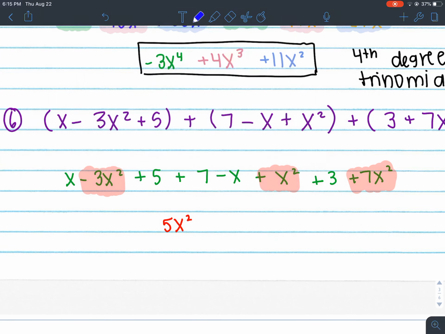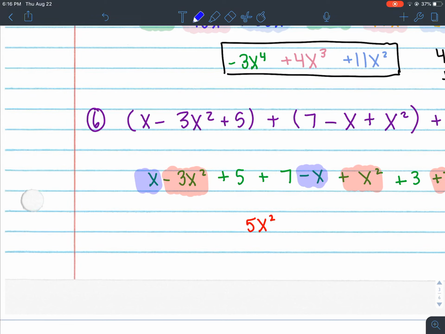Let's do blue next. The next highest exponent I see is an x, x minus x. Well, if I have x and I take away x, what do I have left? 0x, right? 1x minus 1x is going to be 0x, not x. The common answer I get is, does x minus x equal x?